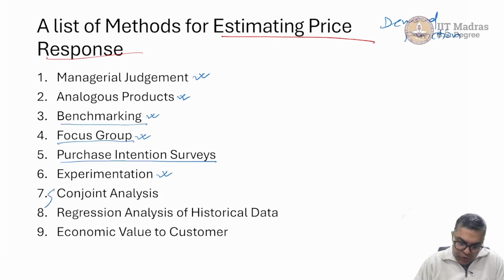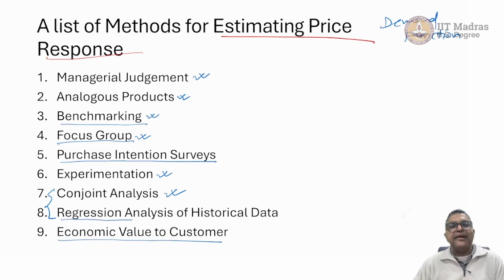Then we will talk about two statistical techniques, one very popular in marketing and psychology, that is conjoint analysis, and second that is popular in economics, that is regression analysis of historical data, and at last we will talk about the economic value to customer technique. So these are the techniques that we are going to discuss in this video. Let us take them one by one.